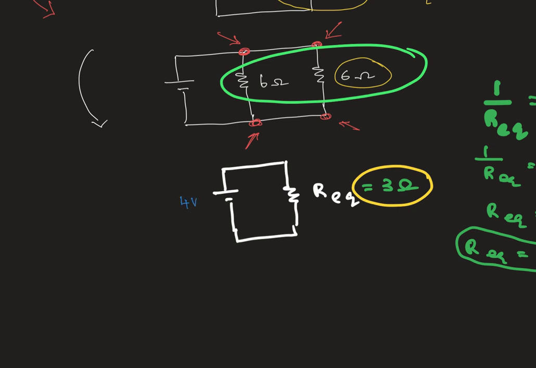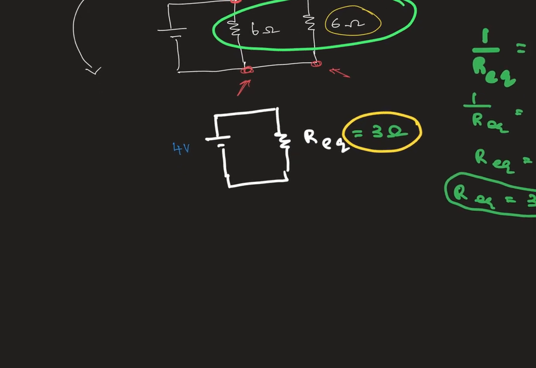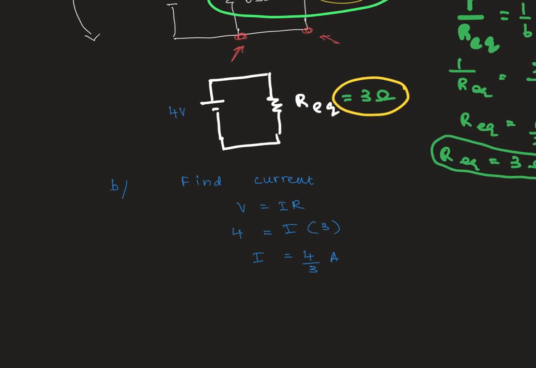So in order to find the current, that is part B, we can use Ohm's law. V equals IR. V is 4, I is what you are looking for, R is 3. So I equals 4/3 amps. That's the answer for part B.